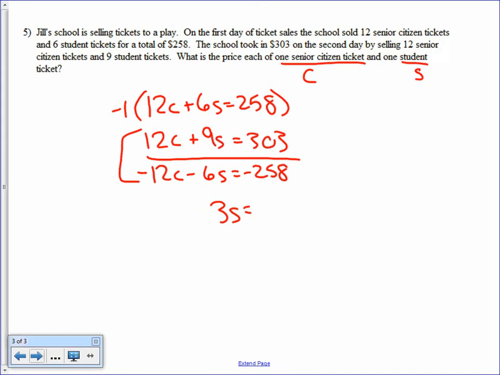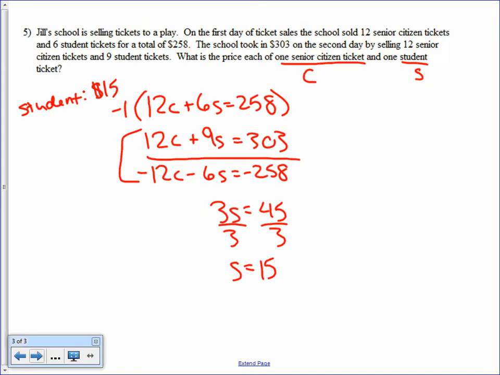And then 303 minus 258 should give me a 45. Then divide by 3 will give me an S value of 15. So the student ticket costs $15.